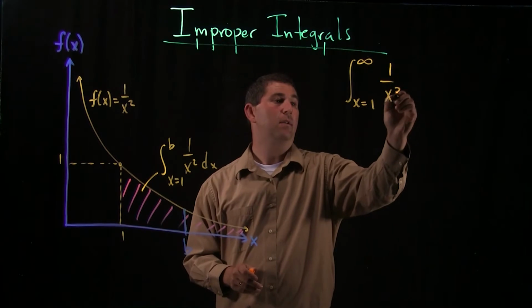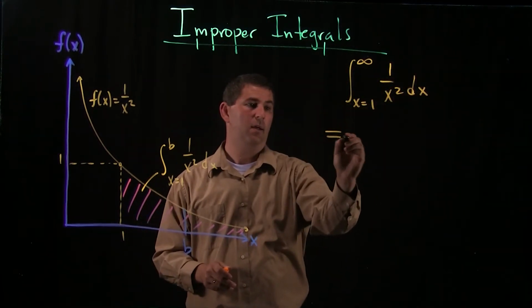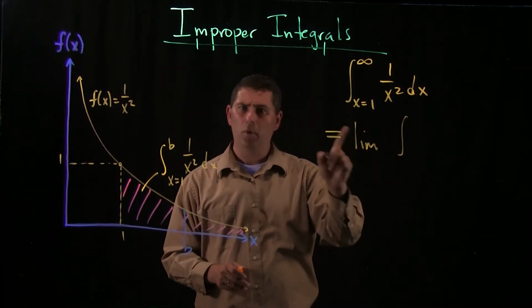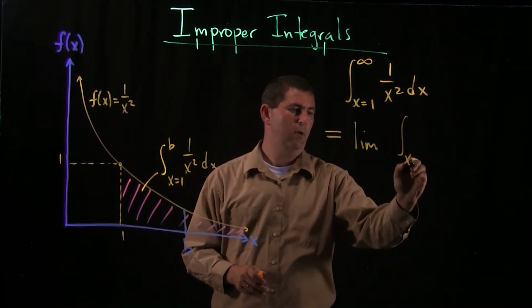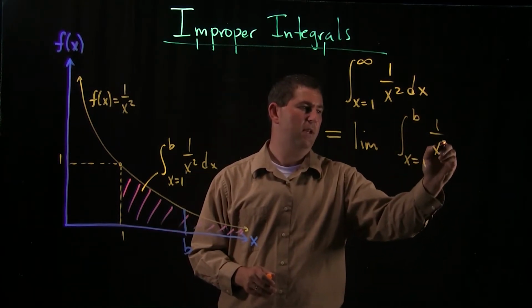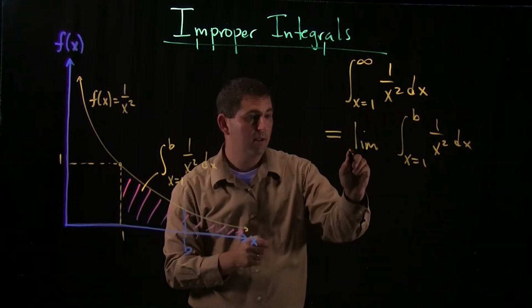So in symbols, we would say that this integral is defined as the limit, as what? Well, we'll say that in a second. We're going to integrate from 1 to b, 1 over x squared dx. And what do I want to do? I want to let b go to infinity.